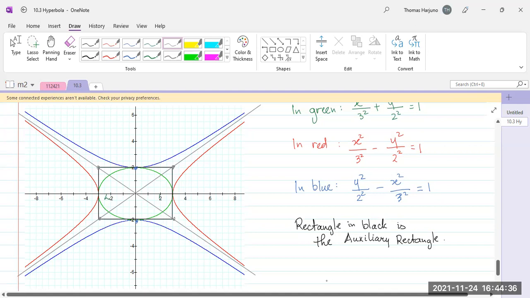Okay, the asymptotes pass the diagonal vertices of the auxiliary rectangle.